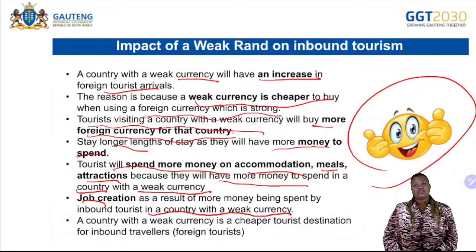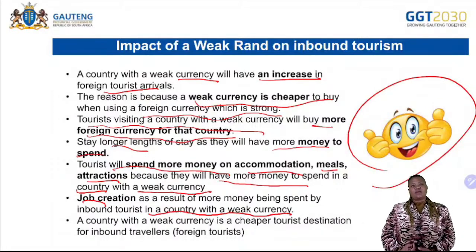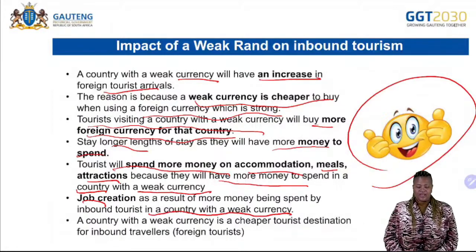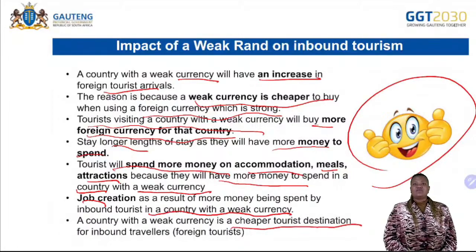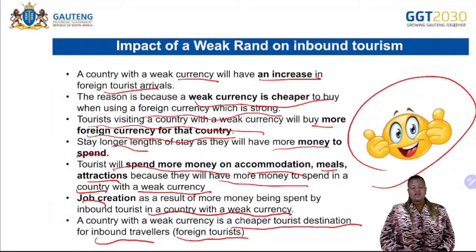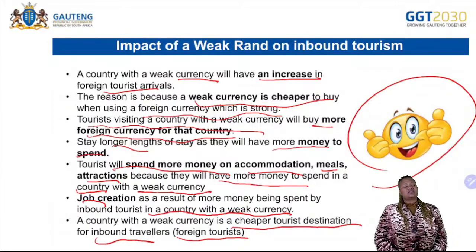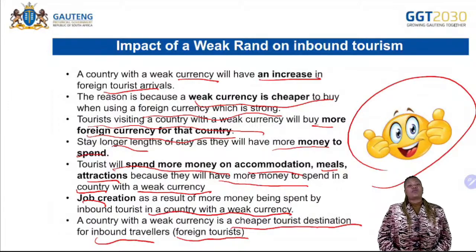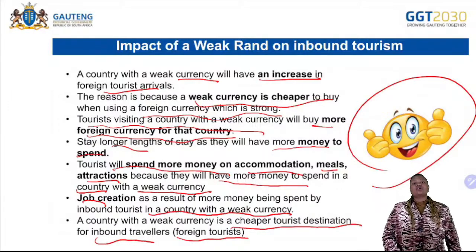They will need more employees if there are more inbound tourists coming in, staying for longer periods, and spending more money while in South Africa. A country with a weak currency is a cheaper tourist destination for inbound travelers, meaning foreign tourists. So when the South African rand is weak, we are bound to attract more inbound tourists.